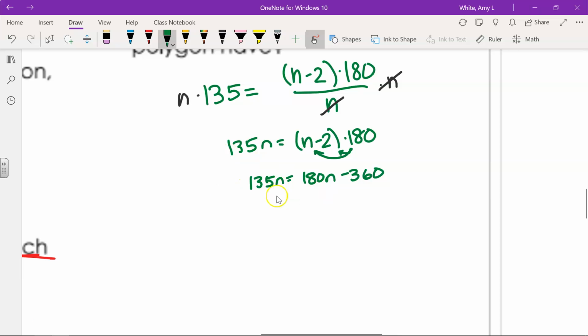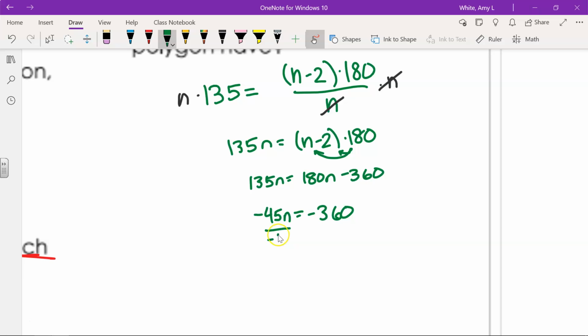Now this is a small equation with one variable in it, so we can solve it. I'm going to subtract 180n on both sides, and we get negative 45n equals negative 360. You also could have moved the 360 over and then subtracted 135 if you wanted positive numbers.